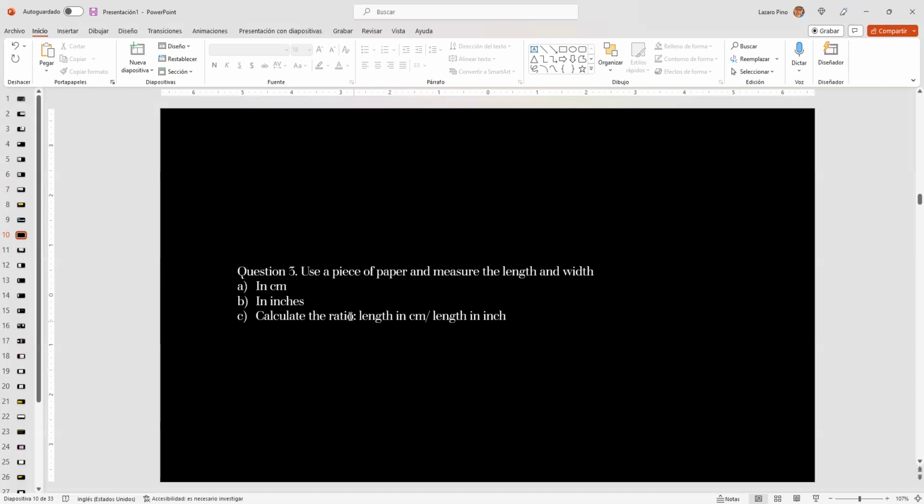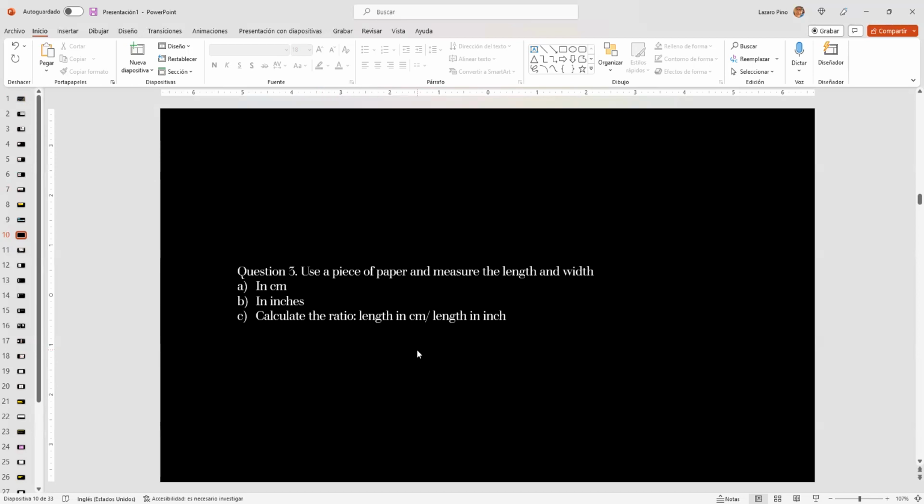Later, I want you to calculate the ratio of the length in centimeter divided by the length in inches. This ratio is very important because it's a number that you can use to do conversions between centimeters and inches in a measurement.